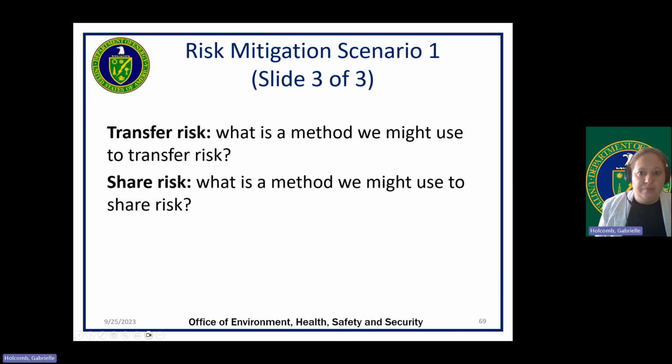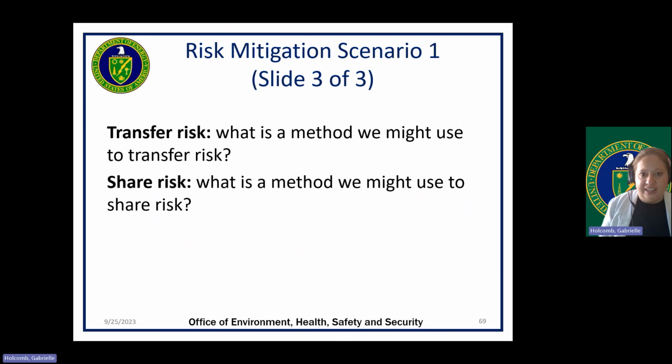What is a method we might use to share risk? Again, pause to discuss as a team. A potential answer is to remember sharing risk is different than transferring risk in that it is more of an agreement than a paid contractual obligation between the organizations.